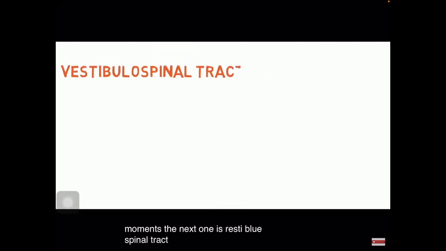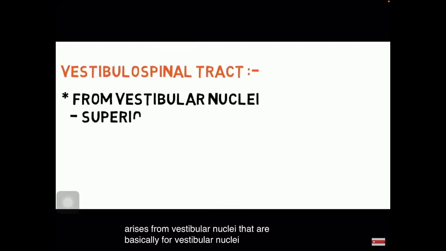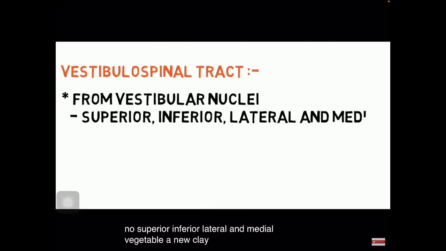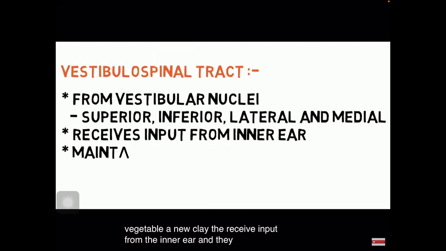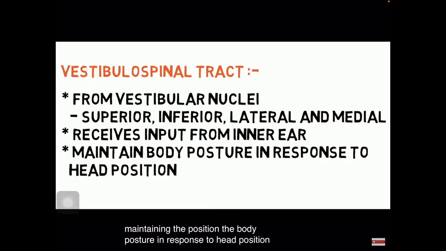The next one is the vestibulospinal tract. The vestibulospinal tract arises from the vestibular nuclei. There are basically 4 vestibular nuclei, which include the superior, inferior, lateral, and medial vestibular nuclei. They receive input from the inner ear and help in maintaining body posture in response to head position. The inner ear has a cochlear part and a vestibular part.